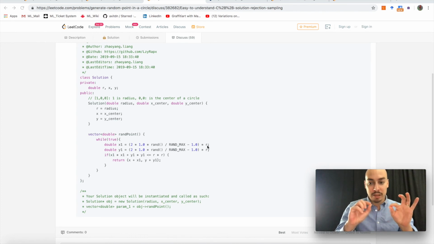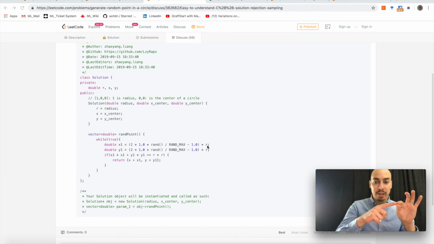So now, if you imagine your current center of the circle still being at the origin 0, 0, you have your radius, then you get from 0 to r, which is the radius, and from 0 to -r. That's your x1. And then your y1 has the same thing, the range from -1 to 1, multiplied by the radius.